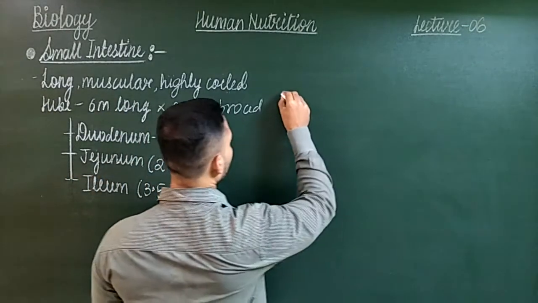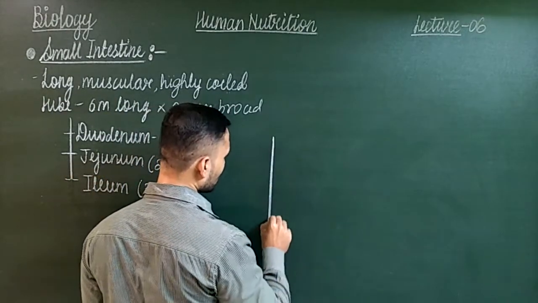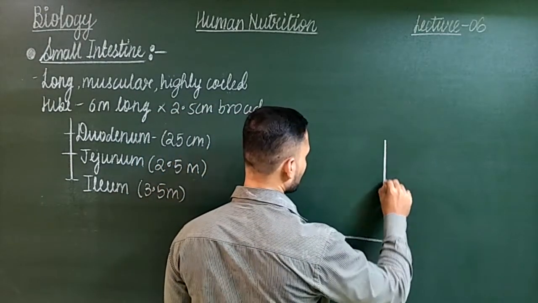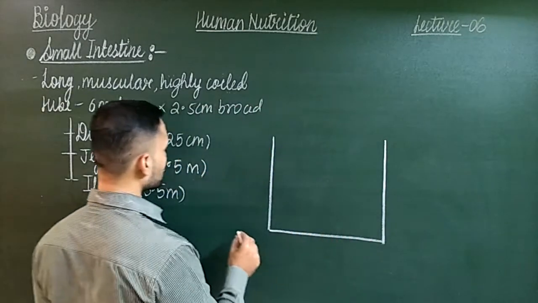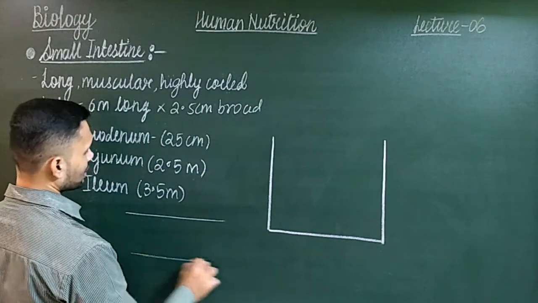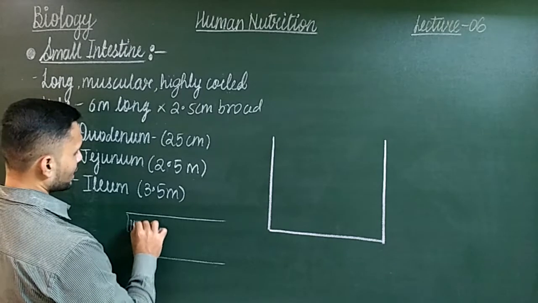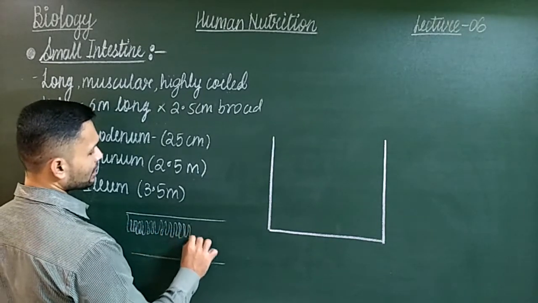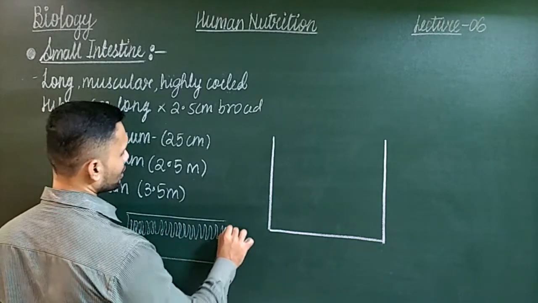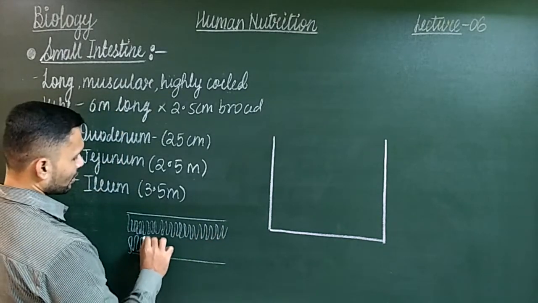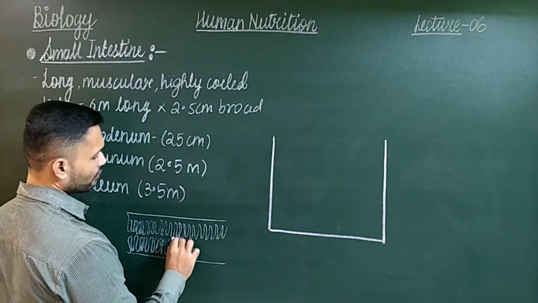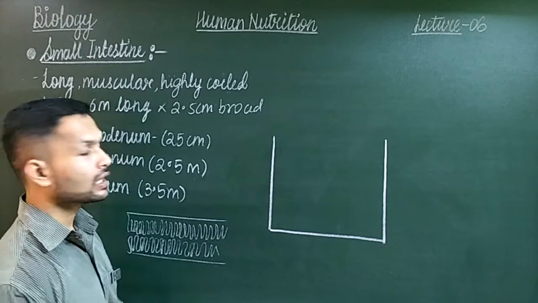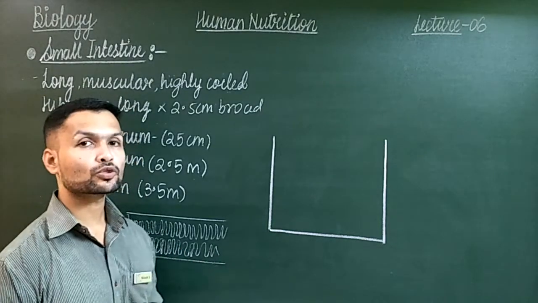Now, if I draw the cross section of the intestines, even the intestine internally is heavily folded. If I draw that tube of intestine, it has a wall and it is highly coiled inside. So when food enters it, it stretches and the surface area is almost equivalent to 18 meters.